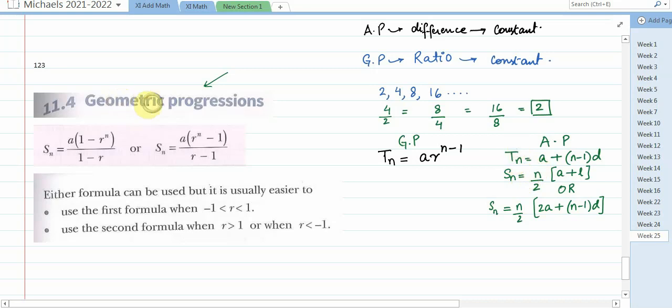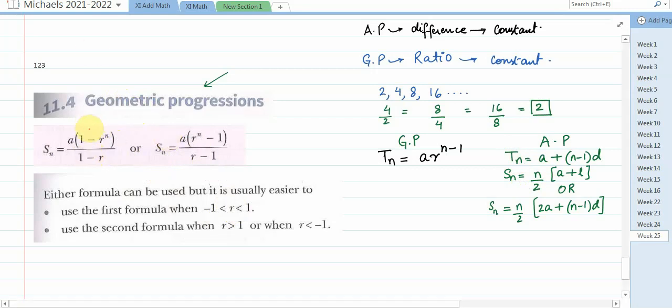Similarly, in geometric progression, for the sum we have these two working formulas. Alright, now there is no restriction that you must use any specific one. You can use either working formula, but the recommended method is this one when you have r lesser than 1.